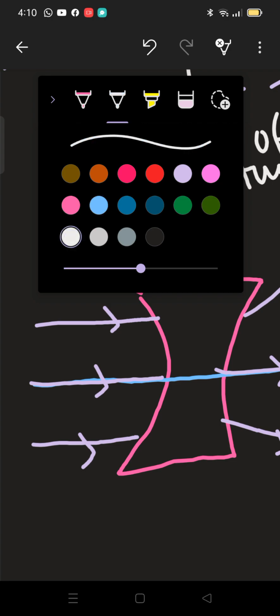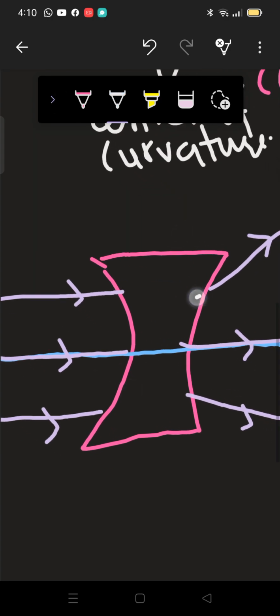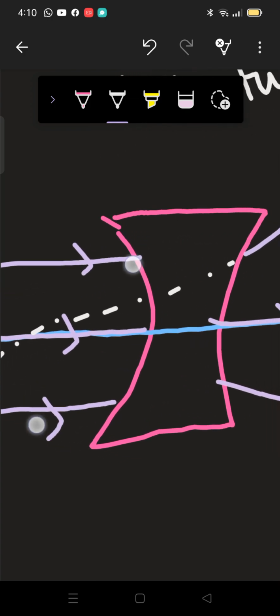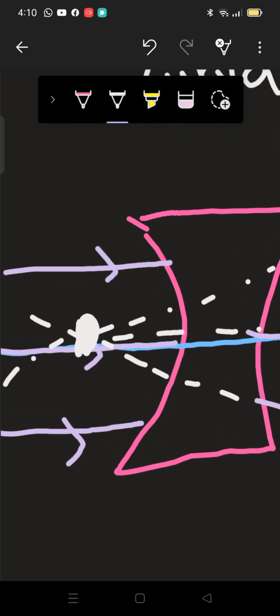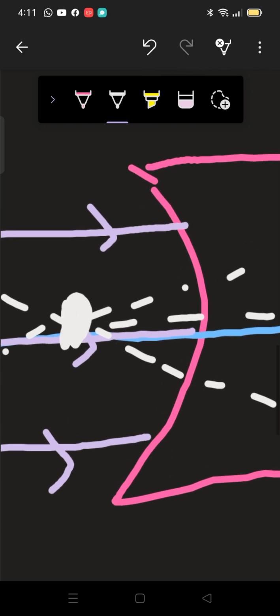Here I am going to draw this. As you can see, if I extend this, and if I meet this as well, this is the point where these rays appear to converge.